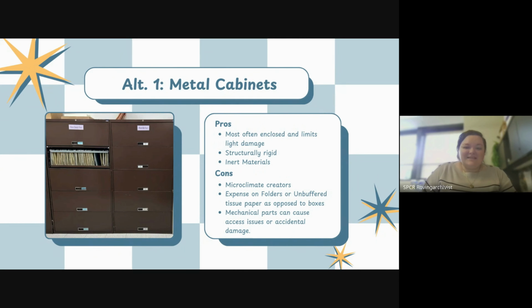We see a lot of these in office settings, but metal cabinets can be used when storing documents and especially photographs. Here at the Wyoming State Archives, many of our photograph collections are stored in these cabinets pictured here. The pros of using metal cabinets are fairly straightforward. They are most often closed off and limit light damage and dust interaction.